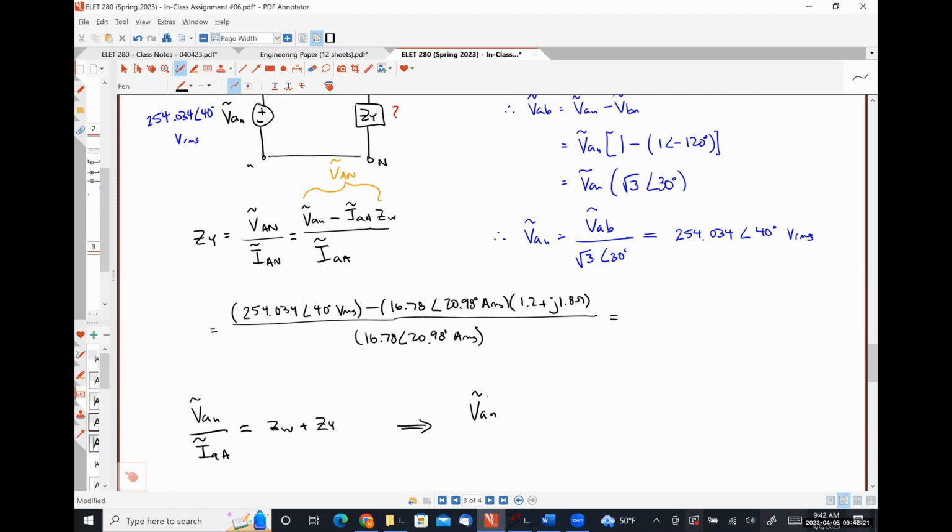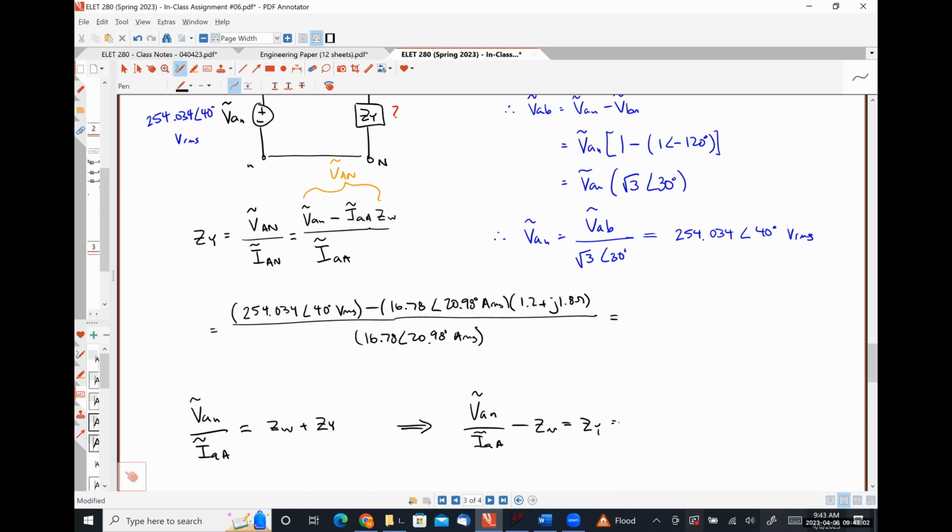So VAN over IAA minus ZW is equal to ZY. Let me throw that in my calculator and make sure I have stuff stored correctly. That's probably what the issue is. The process is right, me just hitting a number wrong. So 254, blah, blah, blah. That seems correct. Oh, there we go. I did 168 angle 20 instead of 16.78 angle 20. That makes sense.